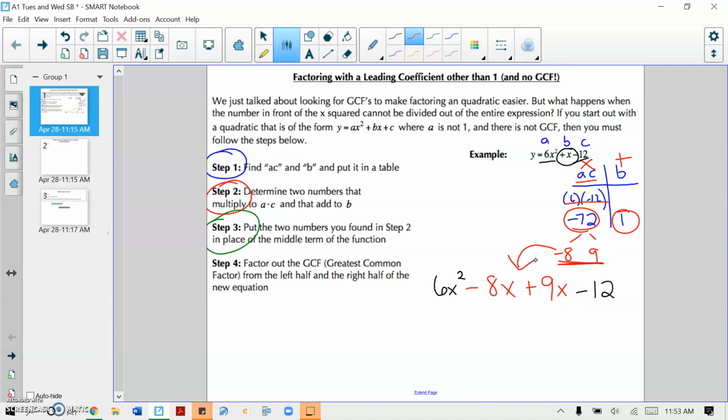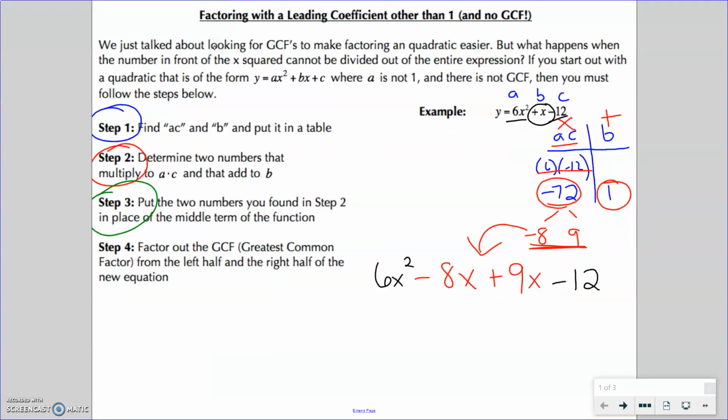Okay, so the reason for that, you guys, there is a reason behind it, obviously, but the main idea is if you were to combine these two, isn't -8x plus 9x the same thing as positive 1x? So it's one of those weird math things where technically we didn't change the equation, we just kind of manipulated it in a way that's going to help us out here in just a second.